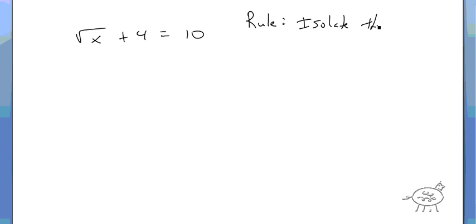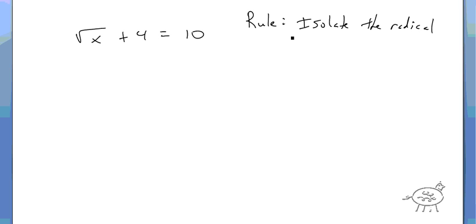Okay, so let's go to something that's got a little bit more depth here. If I said the square root of x plus 4 equals 10. Okay, this is the main rule here, guys. The rule is isolate the radical.